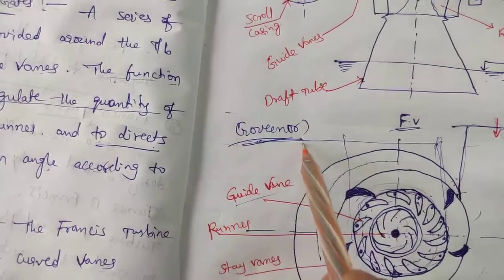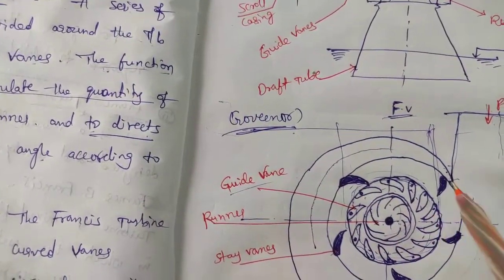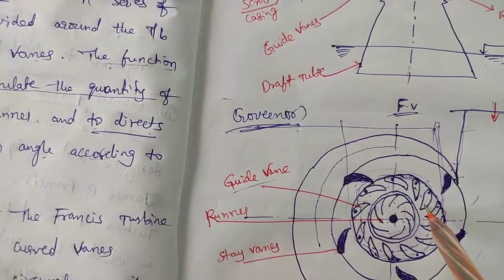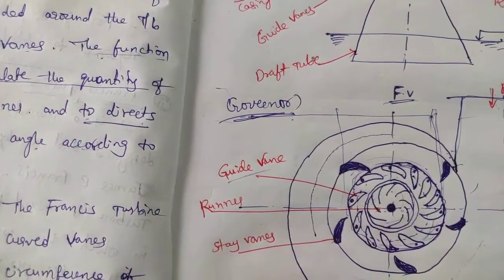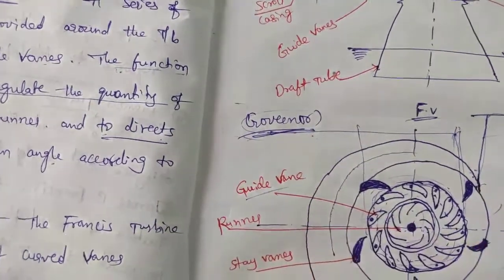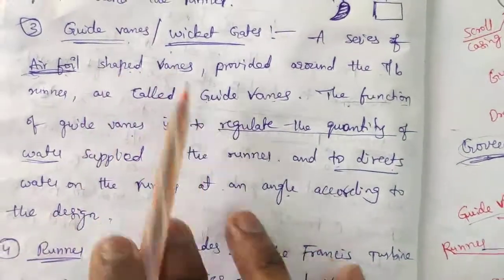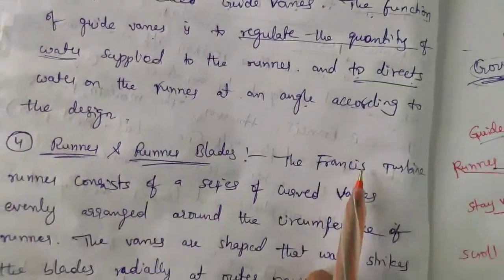By using the governor device, we change the direction of the guide vanes or wicket gates. This governor topic is also explained in later classes. So this is the main function of guide vanes or wicket gates.